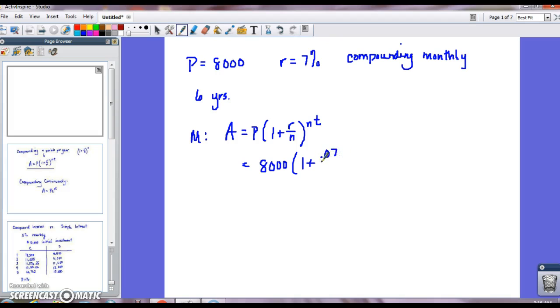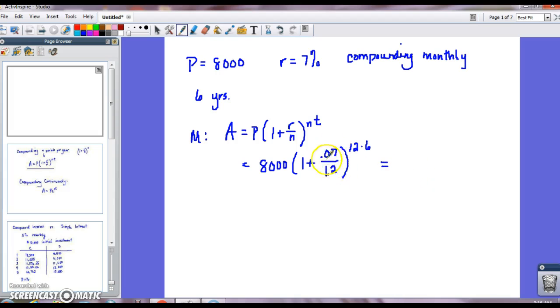So if I write that as a decimal, that's 0.07. Because I'm compounding monthly, there's 12 months in a year, so N is 12. And I want to see how much money I have after 6 years, so T is 6.